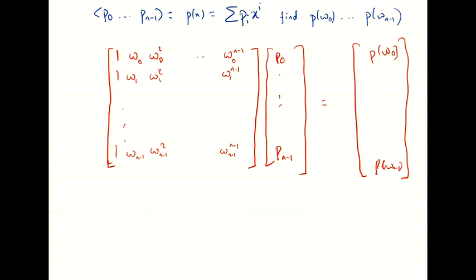Okay, so again, let me call this matrix, big omega, maybe big omega is a bad notation. Let me call this matrix big V. So what we have is this matrix times this vector gives you the values, right?